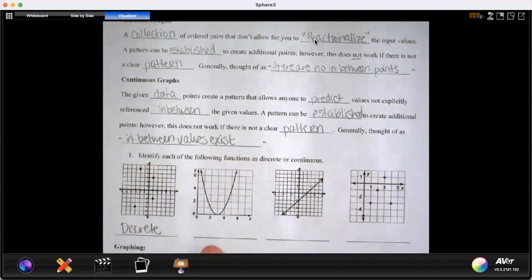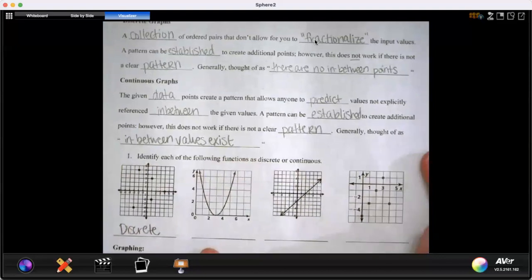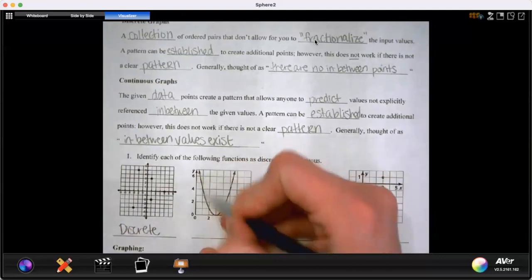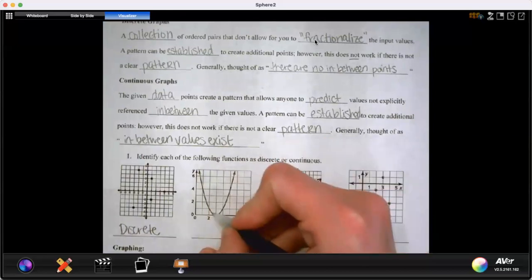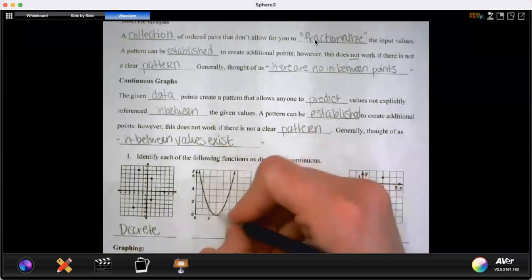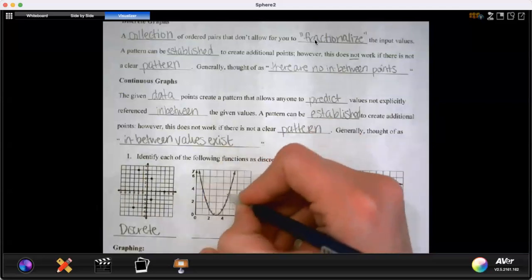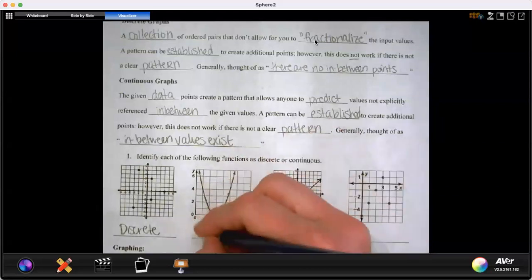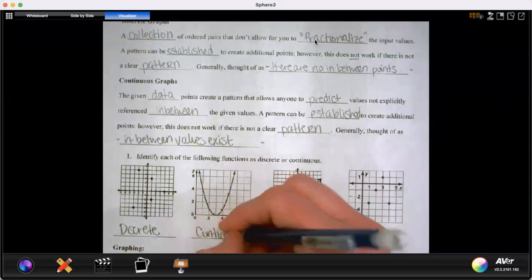Now, if we look at this one, okay, this one has values all ranging along this line. So at any point there is information all the way around, all the way up and down this graph. At any point, there's data. So therefore, this would be considered continuous.